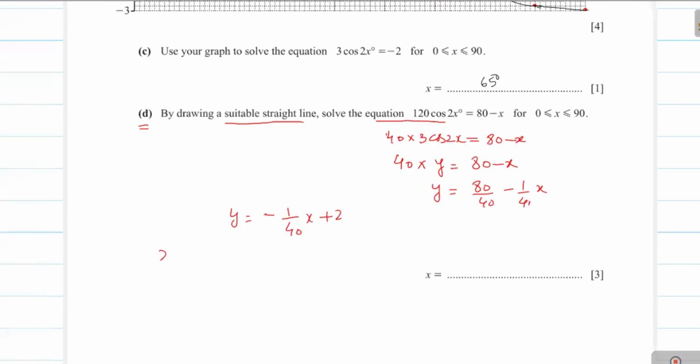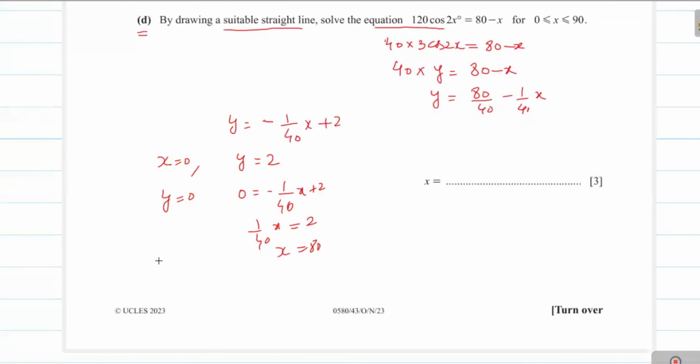If we take x is 0, then y will be equal to 2. And if we take y is 0, then 0 equal to minus 1 over 40 x plus 2, so 1 over 40 x equal to 2 and x equal to 80. Now we have 2 points of the line.